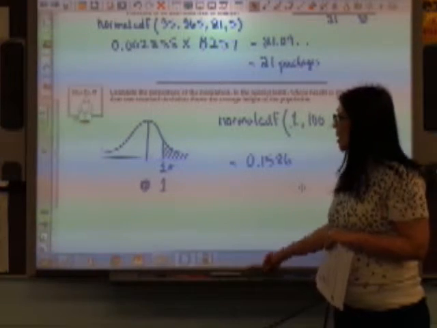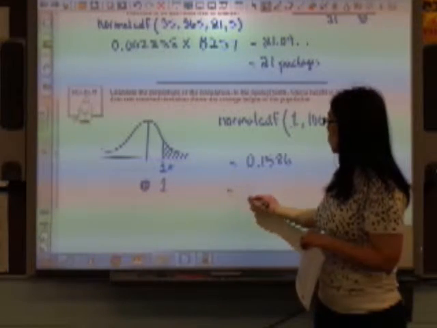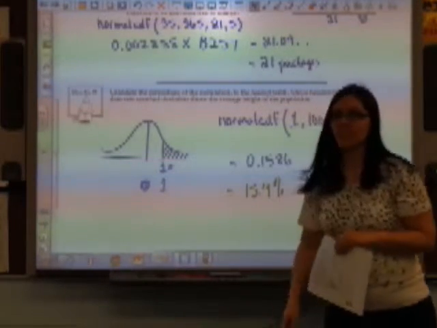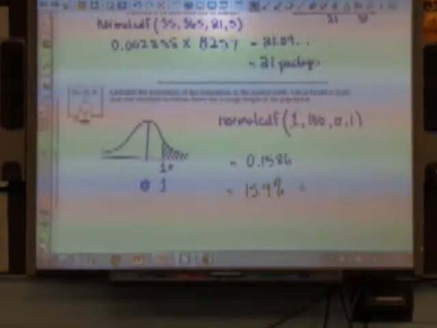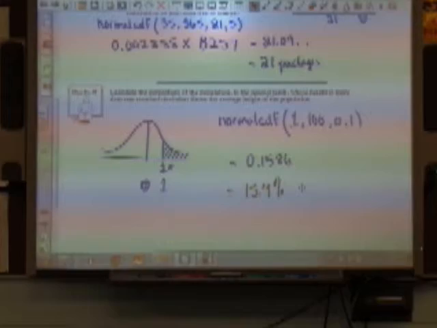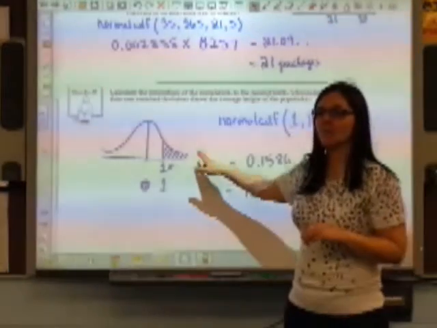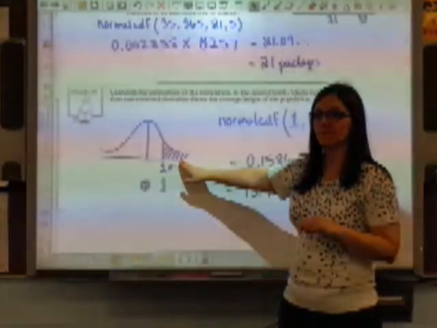So the percentage of the population whose height is more than 1 standard deviation above the normal is 15.9. So about 16% of the population is more than 1 standard deviation taller than the average. Okay, that is how to use the calculator to find the area.